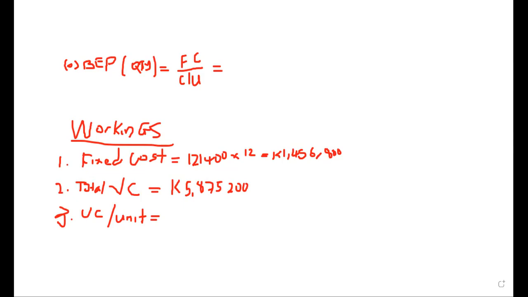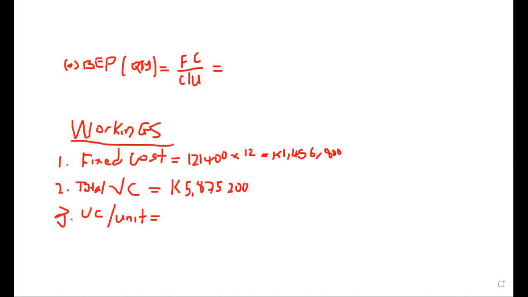So meaning that these are our sales, these are our units that we budgeted to sell. So we can use this same quantity to determine how much one unit is costing in terms of variable manufacturing cost.